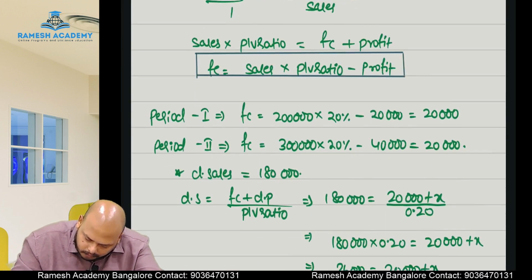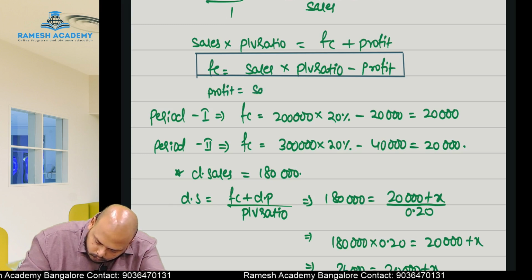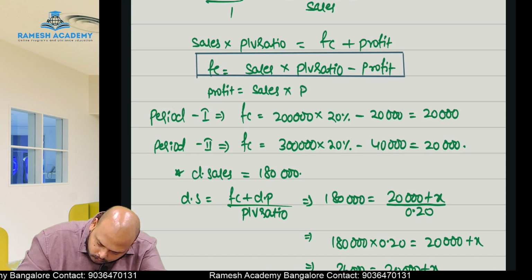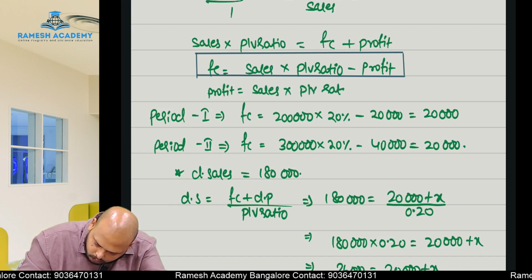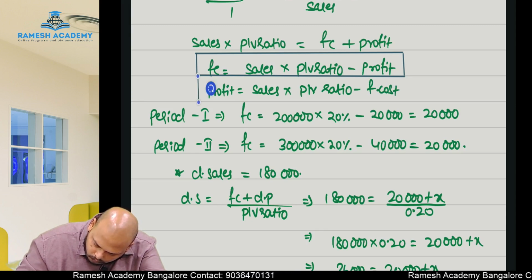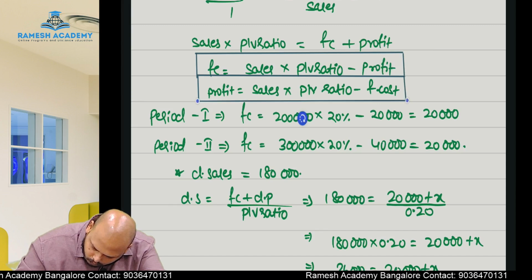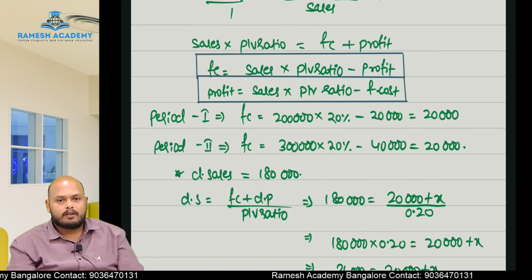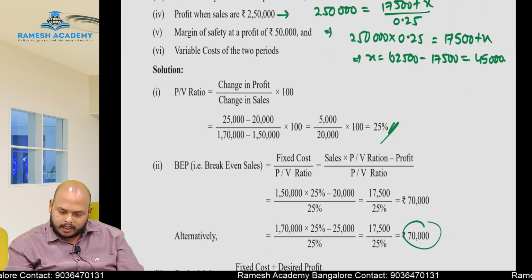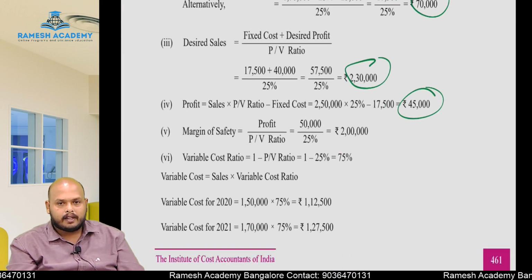Profit is equal to sales into PV ratio minus fixed cost. That is what he did. We need not do x and all. Sales into PV ratio minus fixed cost, if we do, directly we'll get the answer.